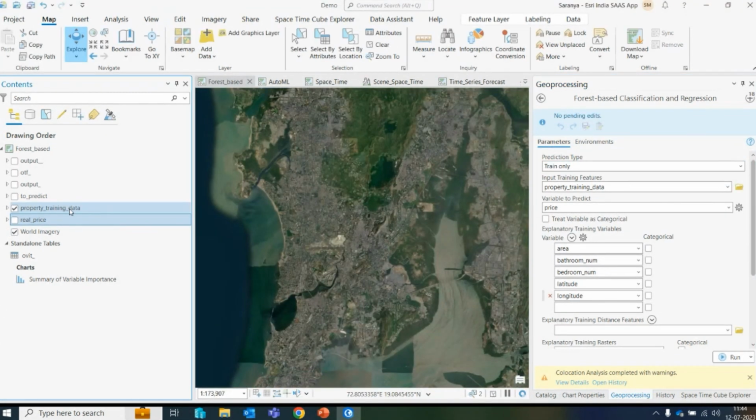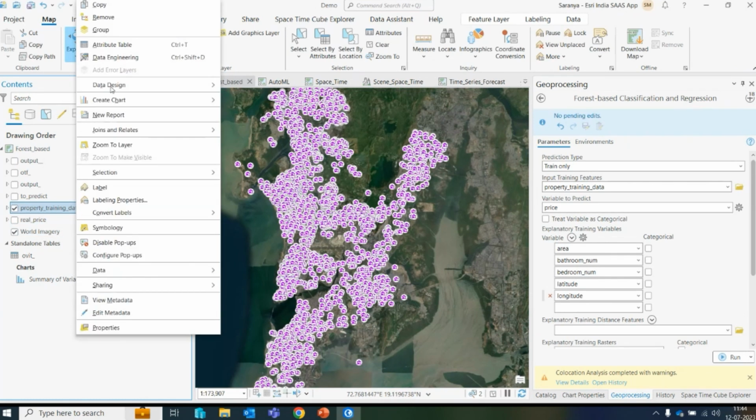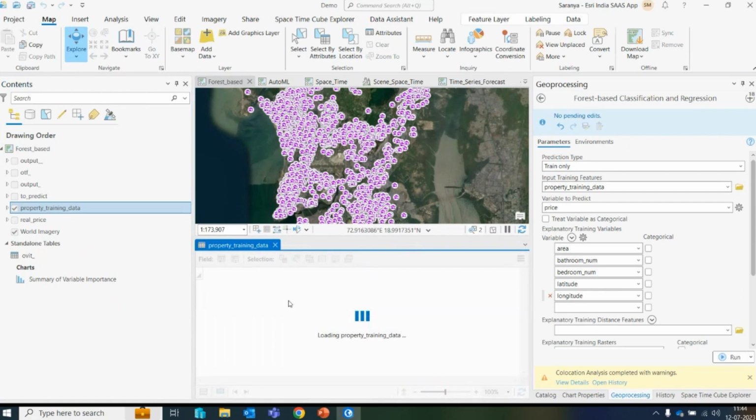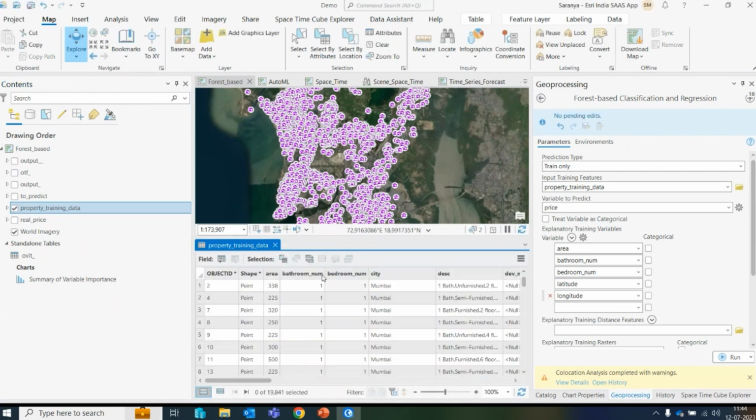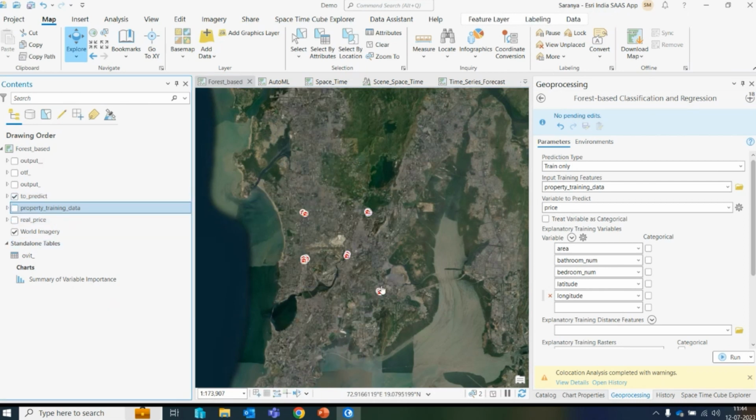All these are locations where I already know the price and I already have information about all the explanatory variables, like area and whether the apartment is furnished or not. I want to predict what the prices could be in these regions. For this, I will be using forest-based classification and regression.